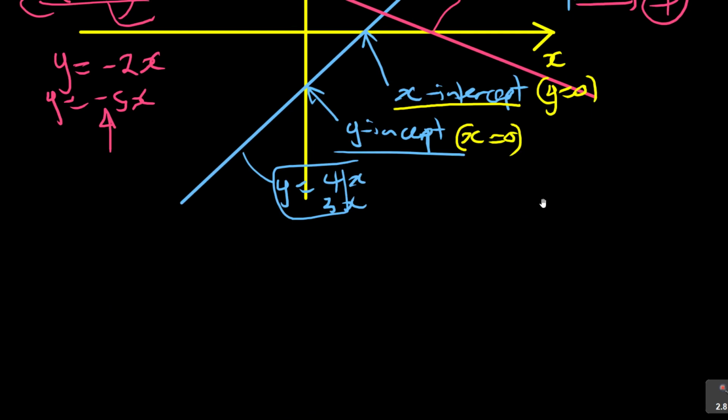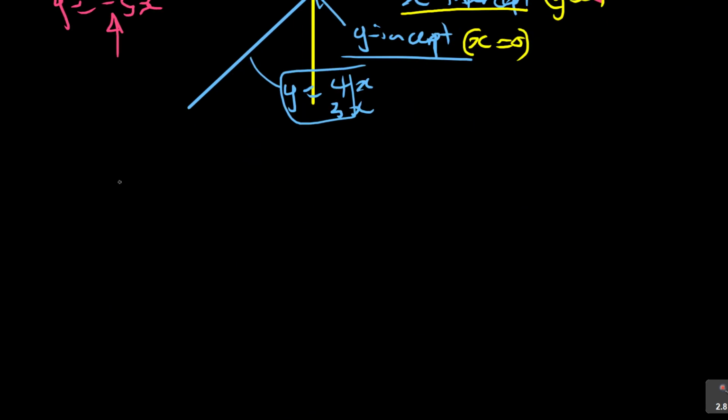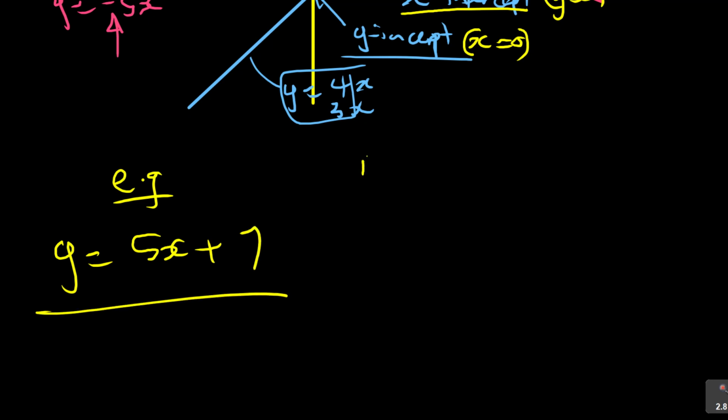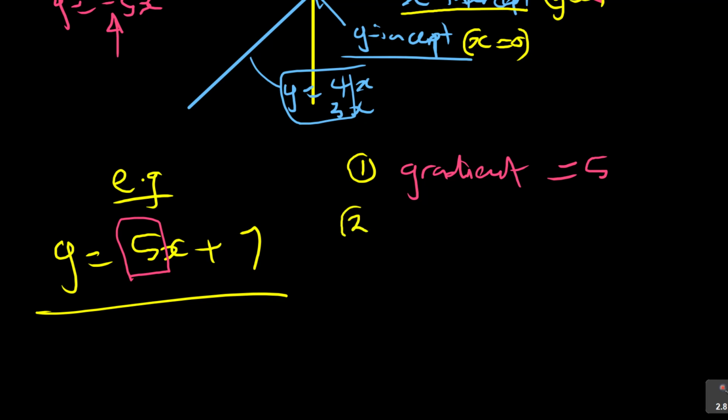So it also helps that when I give, for example, y is equal to 5x plus 7, and then I say to you, number 1, what is the gradient? You look for that number, that is the gradient, it's 5.